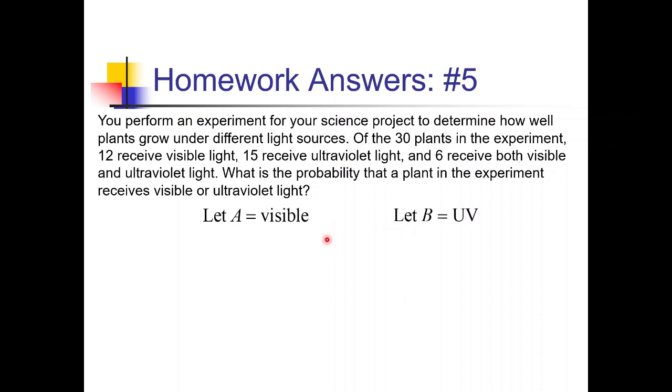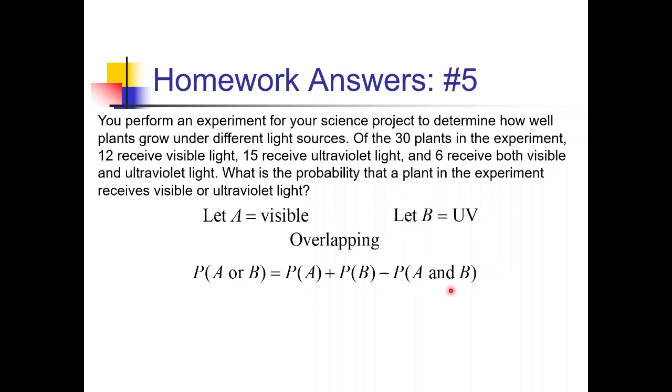Since we're looking for the probability of OR, we have to figure out if this is overlapping or disjoint. And they said here that 6 receive both types of light. So this is an overlapping situation. And we will use our overlapping formula, P of A plus P of B minus P of A and B. P of A, the probability of the visible light, was the 12 plants divided by the total of 30.